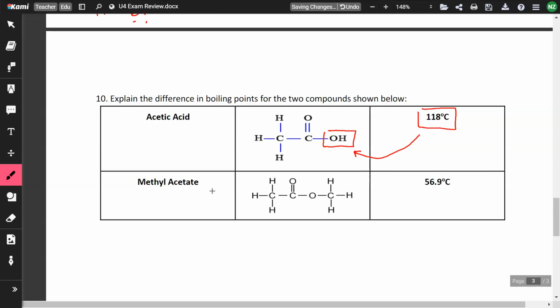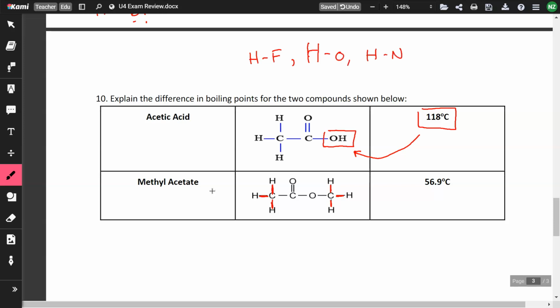So both of these molecules are polar. So if you look at methyl acetate, we have HCl. We have, or sorry, not HCl, HC. We have hydrogen carbon, hydrogen carbon, hydrogen carbon, hydrogen carbon. All right, those are the only hydrogen bonds that we have. Okay, but it doesn't fit the criteria for hydrogen bonding because it's not HF, HO, or HN.